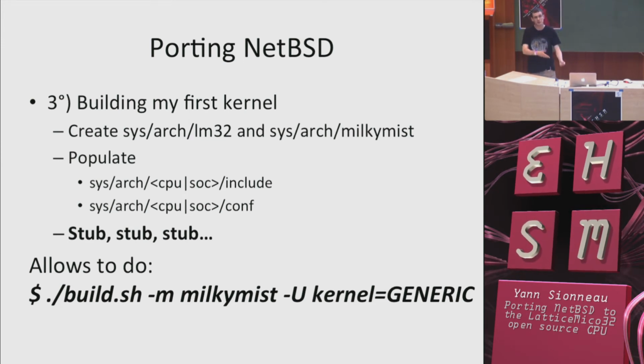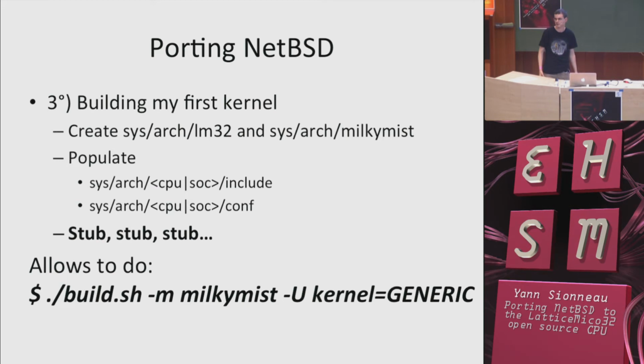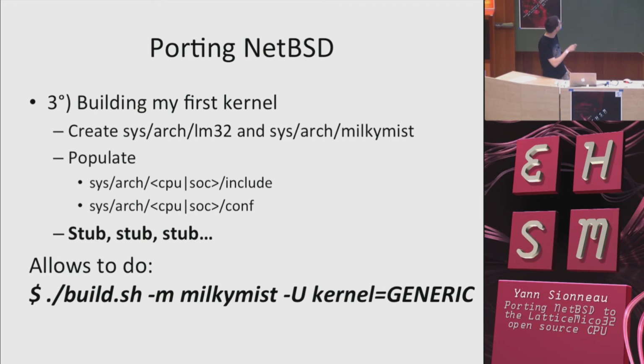Because then you will be able to compile your kernel and get a binary image that you can run, and then you can begin to implement, because then you can test, then you can debug. So the command in the bottom of the slide is a pretty simple command that will build a kernel using generic configuration for the Milkymist architecture.